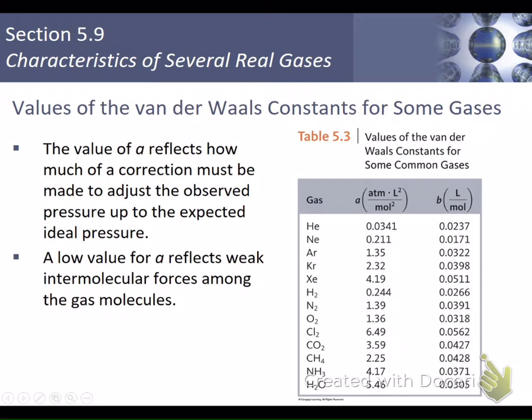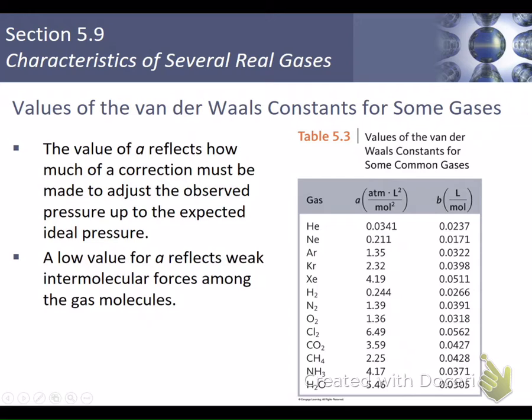That's because xenon is huge. It has lots of London dispersion forces, so it's going to be relatively easy to liquefy, and so it's going to be more of a real gas compared to helium, which is tiny and very hard to make an instantaneous dipole for London dispersion forces, so it has a very low a value. And then as you get into polar gases like water and ammonia, look how large the values get there.